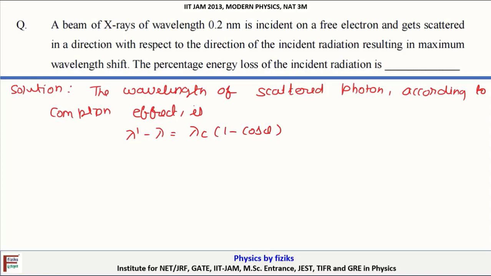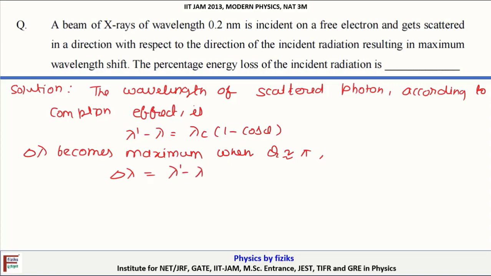Further, the question says resulting in maximum wavelength shift. The wave shift delta lambda becomes maximum when theta equals pi. So delta lambda equals lambda dash minus lambda, turning out to be 2 lambda c.